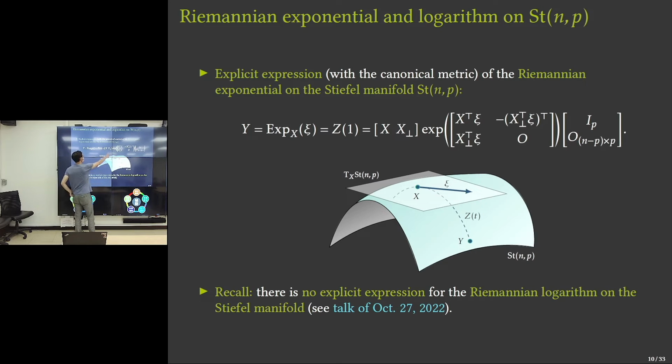There is the base point and the tangent vector involved, as we expect. This is the matrix exponential. This is what we have seen last time. There is no explicit expression for the Riemannian logarithm on the Stiefel manifold.